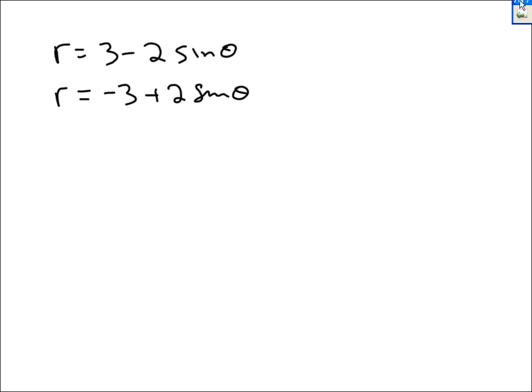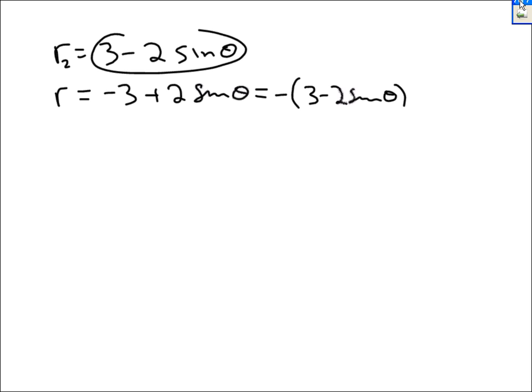Now, if you notice, this is negative 3 minus 2 sine theta, that is, it's negative that. If I call this r2 and that r1, then r1 and r2 just differ by a sign.